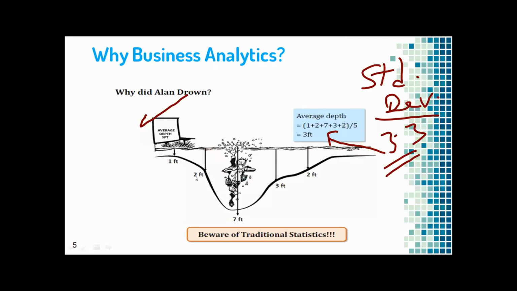So we have to do complete calculation before taking any decision. There comes the use of analytics. If we are not using the complete statistics, with half knowledge we won't get the correct result, and there will be a problem.